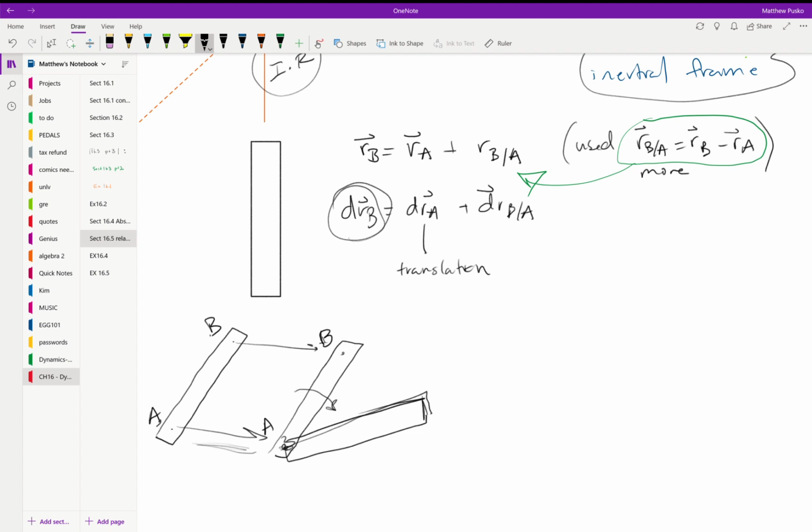And then we had some rotation, and that rotation is our differential movement of B with respect to A. So we can say it's caused by a rotation. And this is our general plane motion then, which is equal to a translation plus a rotation.